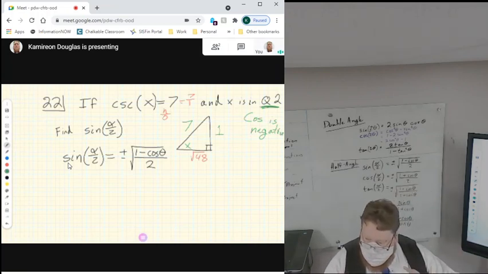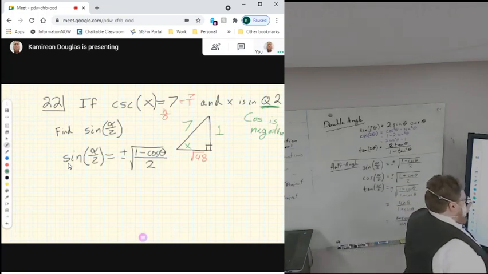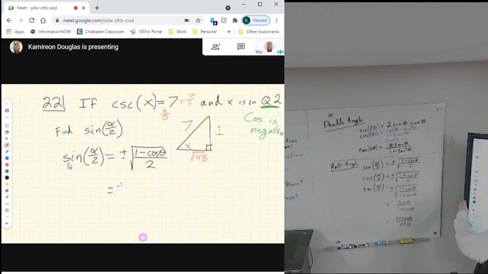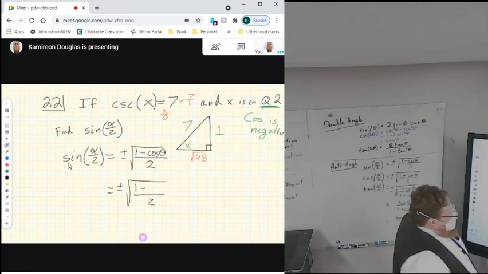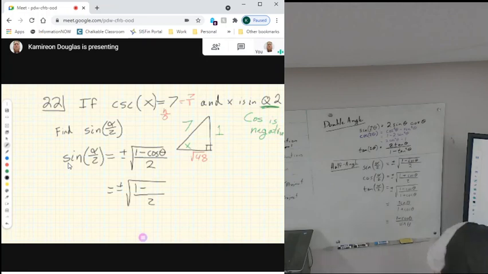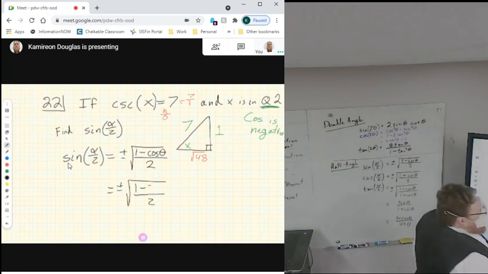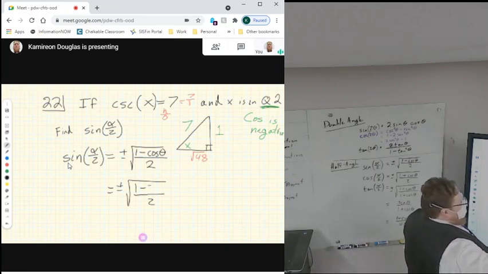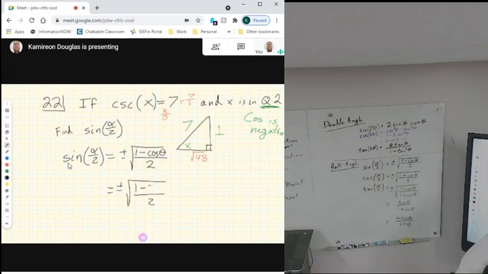But I'm going to go ahead and show all my work. Here we go. Equals plus or minus the big square root, over 2, of 1 minus. I go to my picture. Cosine of theta. As a reminder, cosine must be negative, so I'm going to put a negative in the problem. Cosine is adjacent over hypotenuse, so that's square root of 48 over 7.